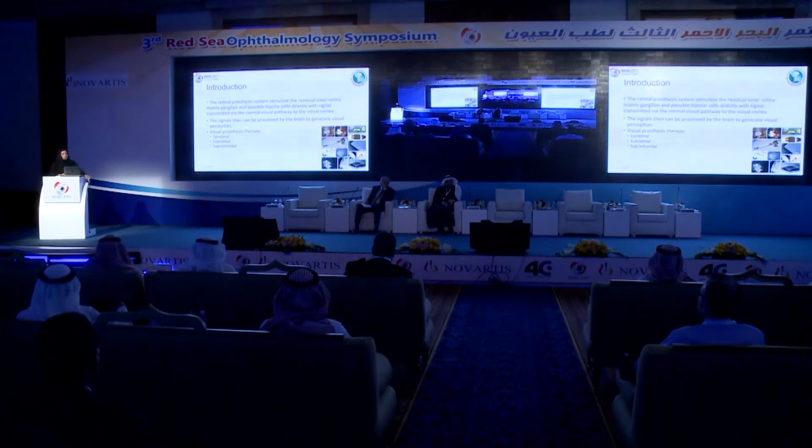Retinal prosthesis systems stimulate the residual inner retina, mainly ganglion and possibly bipolar cells, taking the place of the degenerated photoreceptor cells, with the signal transmitted by the normal visual pathway to the visual cortex. The signal can then be processed by the brain to generate visual perception. The visual prostheses available now for therapy are epiretinal, subretinal, or suprachoroidal.